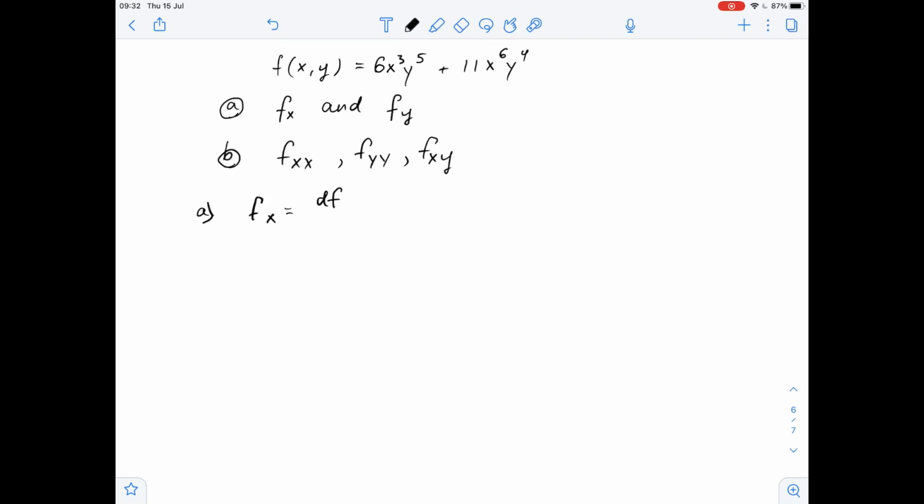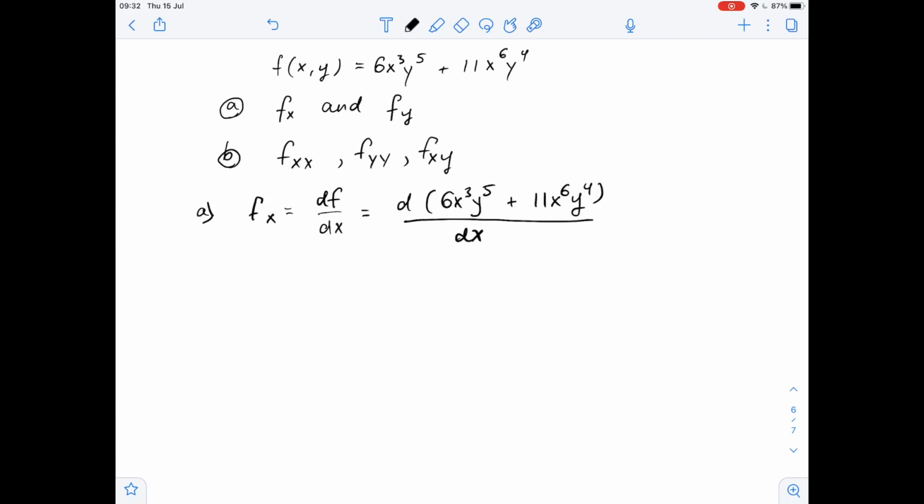f_x equals df over dx, which equals d of 6x cubed y to the 5th power plus 11x to the 6th power y to the 4th power over dx.